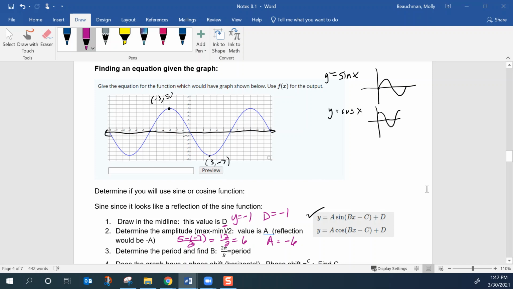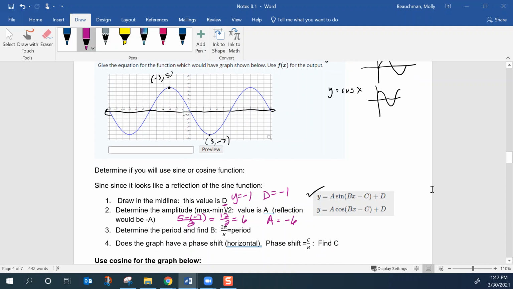All right, the next part: determine the period so that we can find b. One period of the sine function, if we start here and it ends back at the midline, goes from 0 to 12. The period is 12.